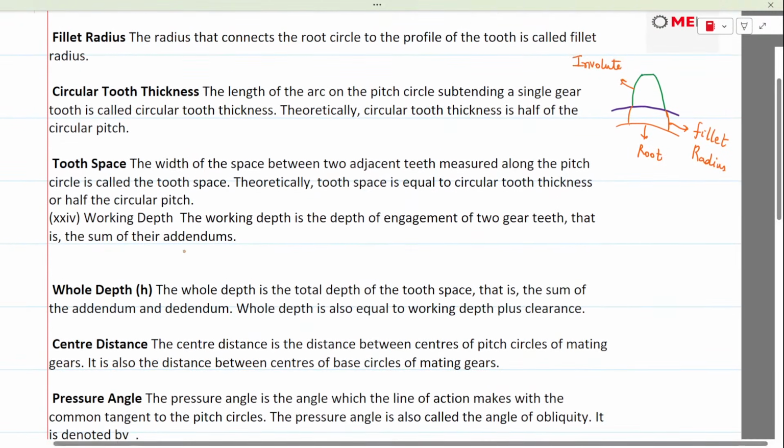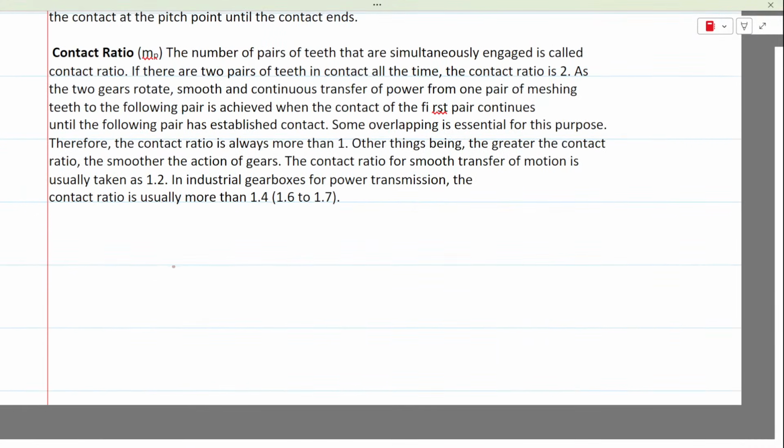Next is circular tooth thickness. The length of the arc on the pitch circle subtending on a single gear tooth is called circular tooth thickness. Let me go to the bottom of the page where I can describe all these parameters. This is the gear tooth. Two gear teeth I have taken. Let's say this would be the pitch circle.